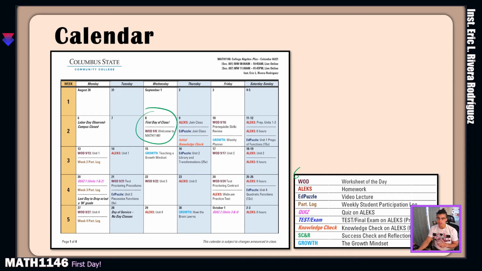Today we are here, September 8th, the first day of class, and we have one assignment that is due today. This calendar is marking the due days. This due date does not mean that you are going to work on that specific assignment on that day.